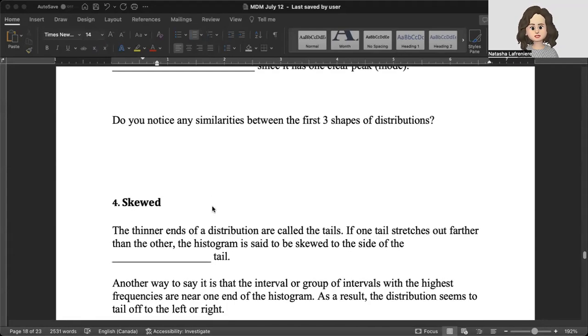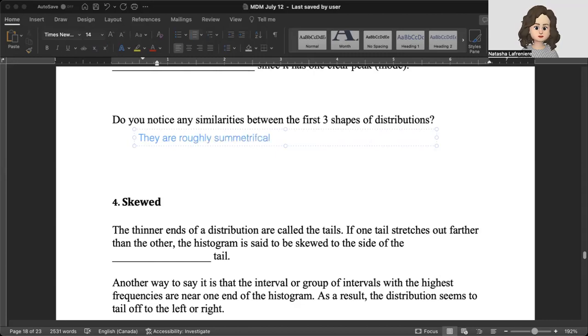So we did say that the first three are symmetrical. Some similarities that we have between the first three shapes of distribution are that they are roughly symmetrical, like we had mentioned. However, we do have skewed. So the thinner ends of a distribution are called tails.